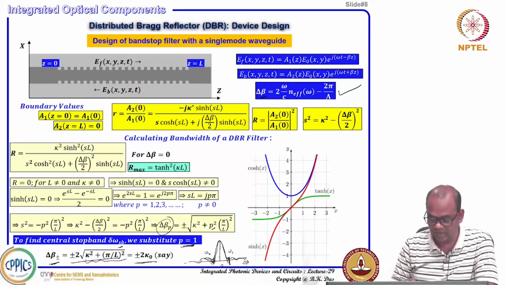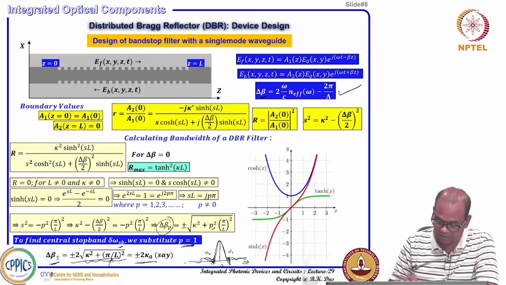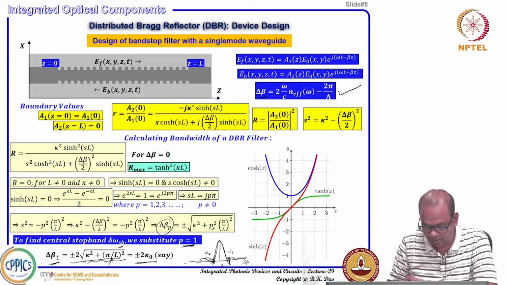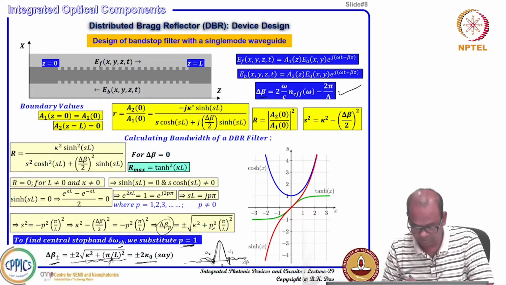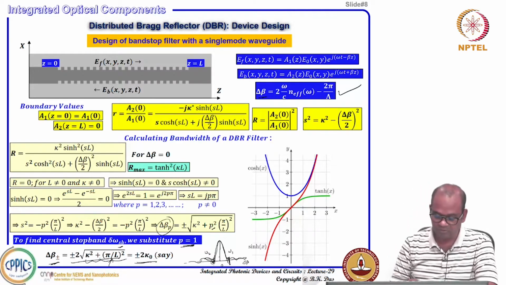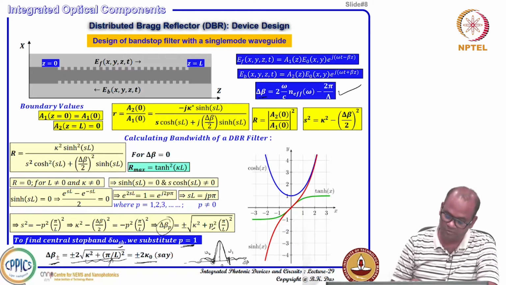Obviously, if L is very large, the second term can be ignored, and in that case it will be simply plus minus 2 kappa. Otherwise, if the second term is comparable to kappa squared, then you cannot ignore it.